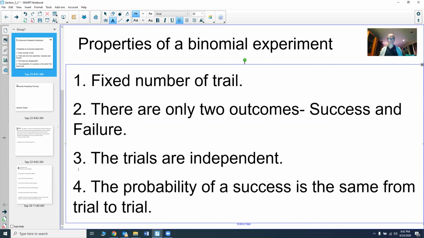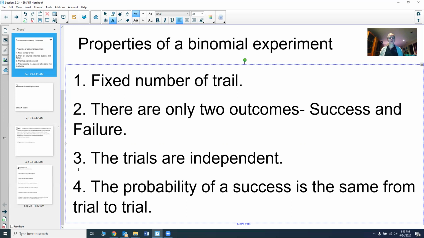It wouldn't change just because you did something different. You have the same probability of getting a defective item from one item to the next. Again, that one can be a little iffy, because if your equipment's going bad, then there's a problem. But that's why we do these. We assume it's not bad, and then if we see things happening, we know something must be wrong. So that's why we do probabilities, so we can see what is wrong and what's happening in these.